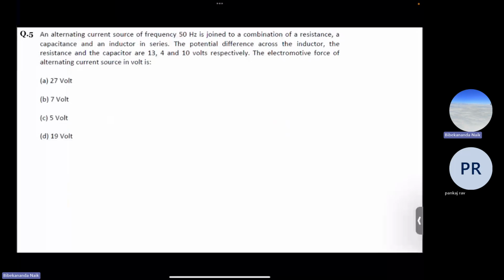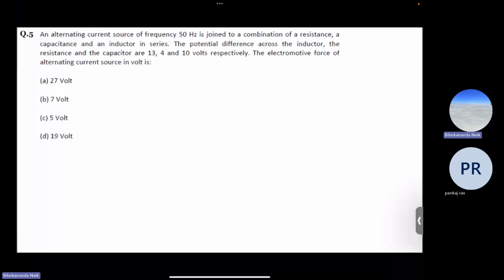The electromotive force of alternating current source in volt is option A 27 volt, option B 7 volt, option C 5 volt, and option D 19 volt.